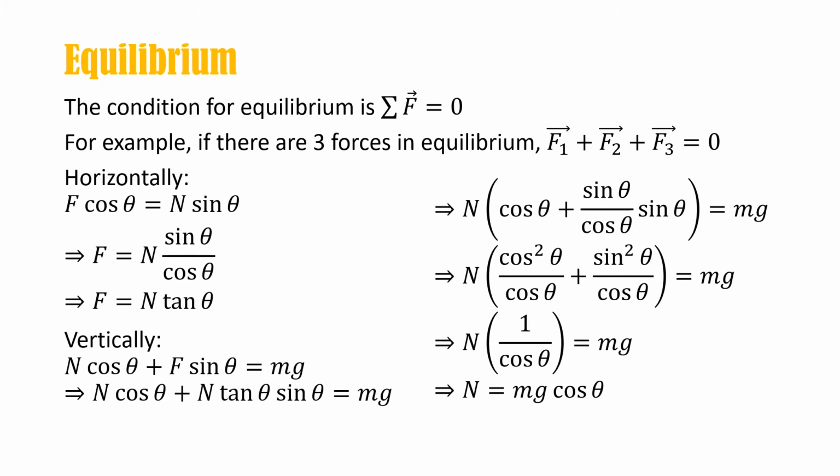What we could have done is divided both sides by sine, and then we would have had n is equal to F cos theta over sine theta. We could have gone through that whole same process, but what we would end up with is F is equal to mg sine theta. It's the same process we would have used to work out what n and F are.